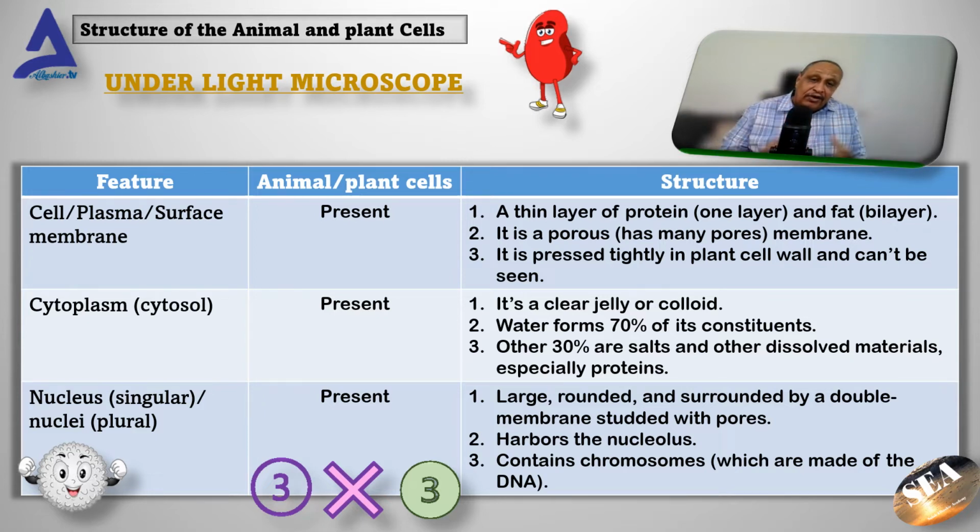This is all about them. Do not forget the rule of 3 by 3, and do not forget that this is based on visualizing those under the light microscope, not the electron microscope.